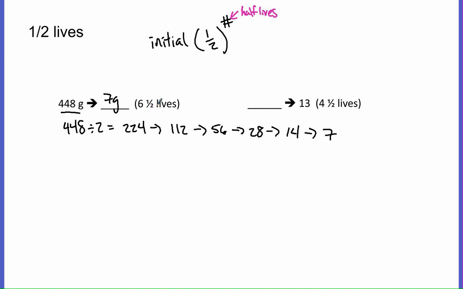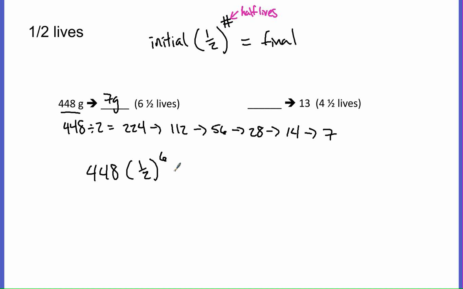So in this case, it was 6. But again, I'm just setting this up. If I take the initial times 1/2 raised to the half-life power, I'm going to get some final amount of that stuff. And so what that would look like, right, I'd have 448 times 1/2 raised to the 6th power.